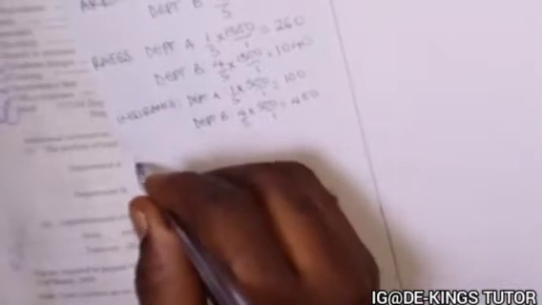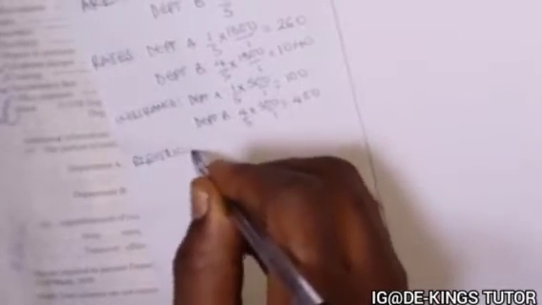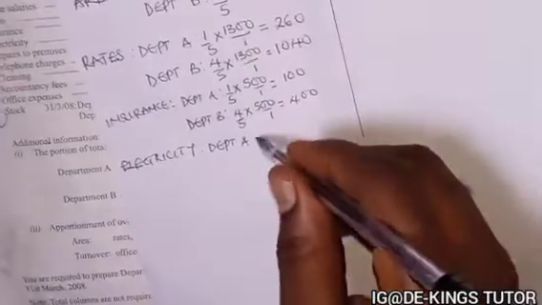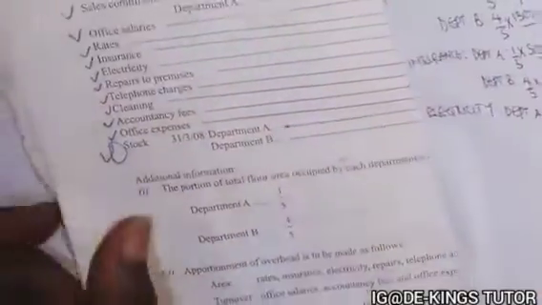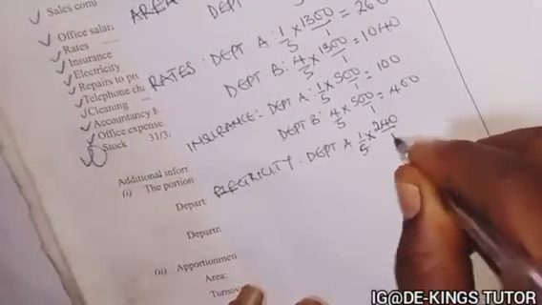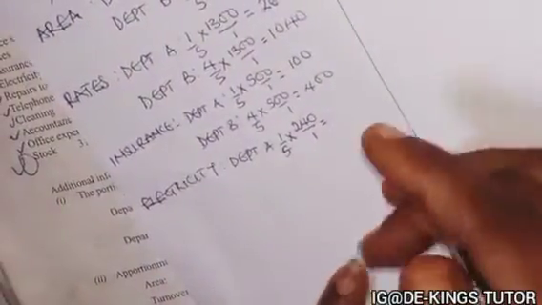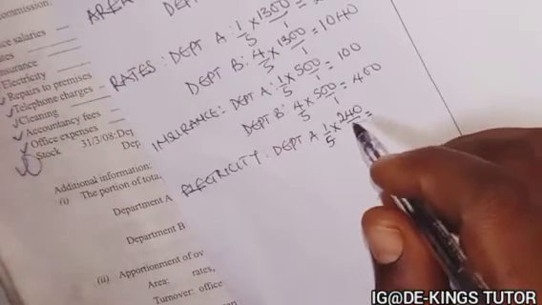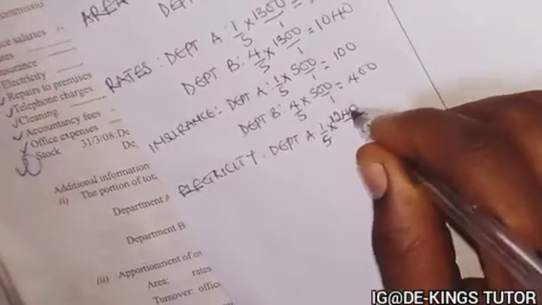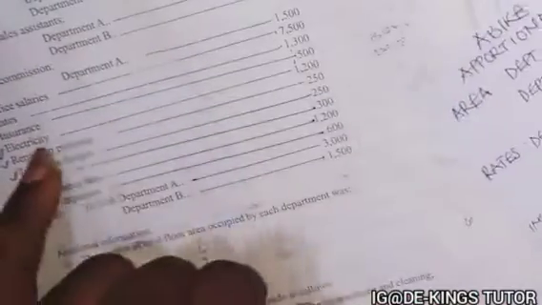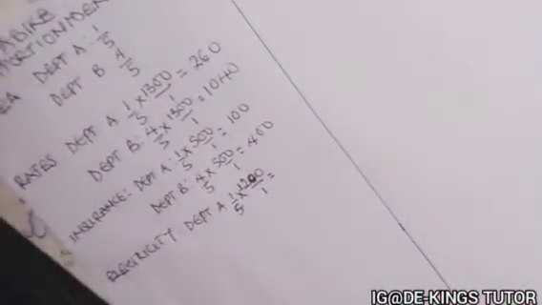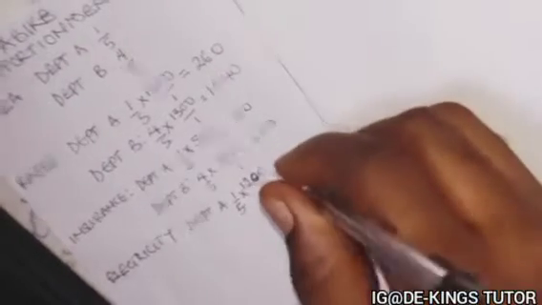So we'll have electricity, which will give us for department A 1/5 times the amount for electricity, 1,200. Okay, so 1/5 times 1,200 will give us, using our calculator, 240.